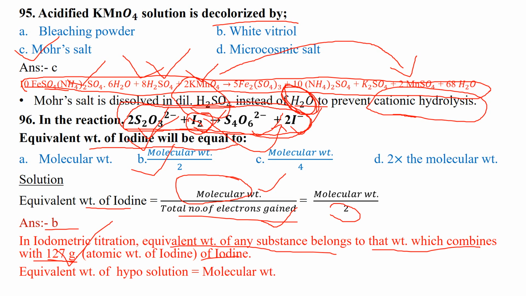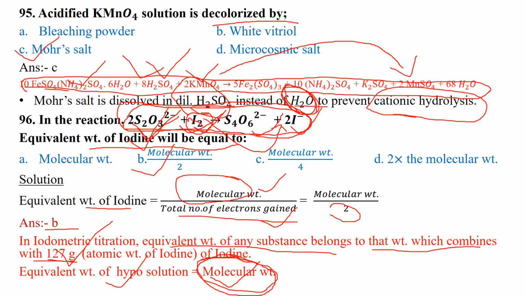So we have to find the equivalent weight of hypo solution, which is that weight which combines with the atomic weight of iodine. So that is equal to the molecular weight of hypo solution. So molecular weight is equal to equivalent weight in case of iodometric titrations for the hypo solution.